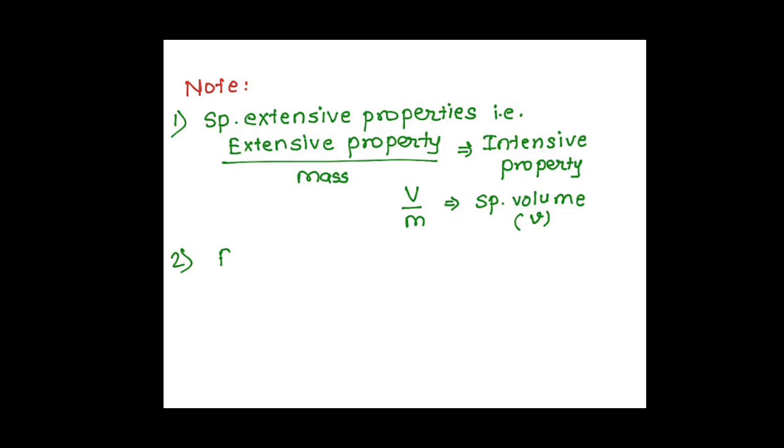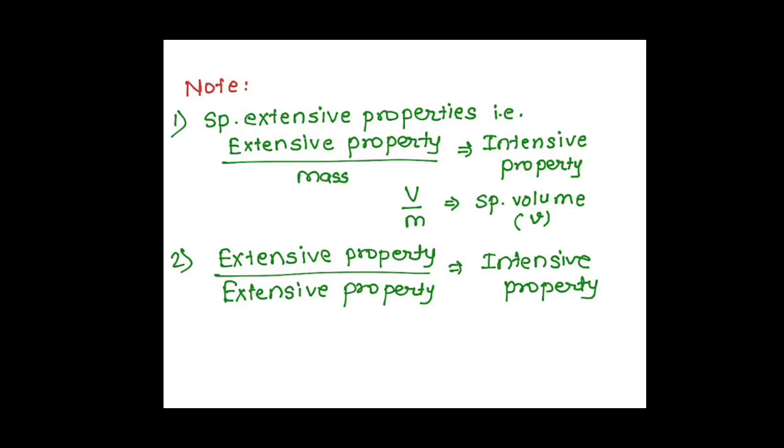Similarly, the quotient obtained by dividing an extensive property by another extensive property will be an intensive property. For example, when I divide mass by volume, I will get density. Here we know mass and volume both are extensive properties, whereas density is an intensive property.